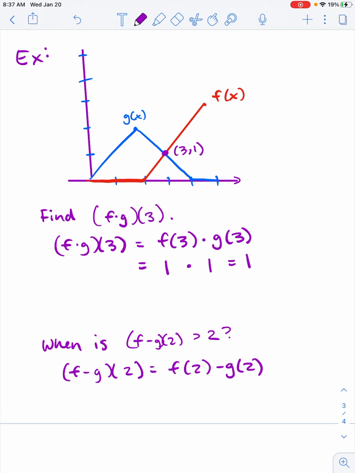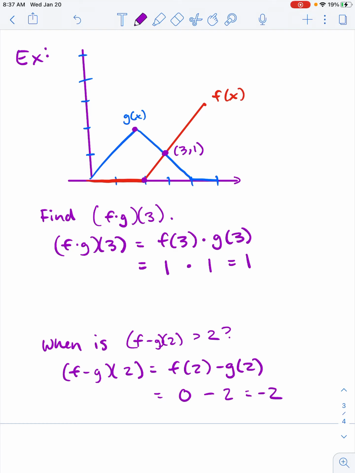Now f of 2 is going to be 0, because when x equals 2, our y-coordinate on that red line is 0. G of 2 is going to be 2, because when x is 2, our y-coordinate on the blue line is also 2.